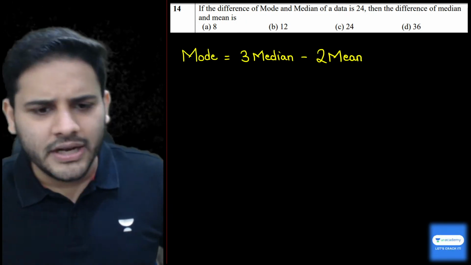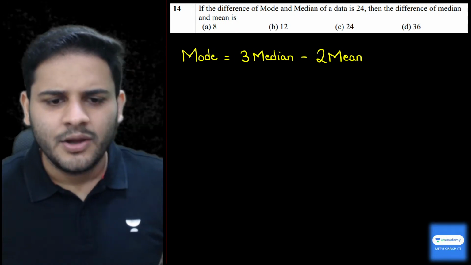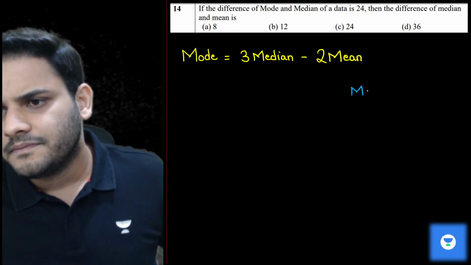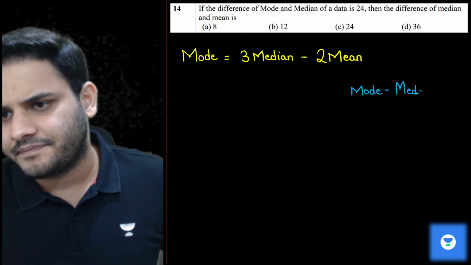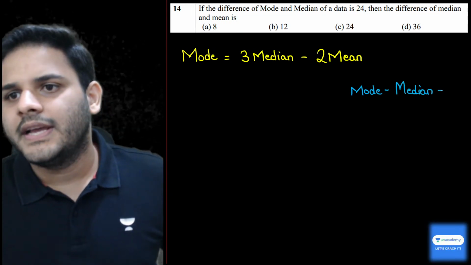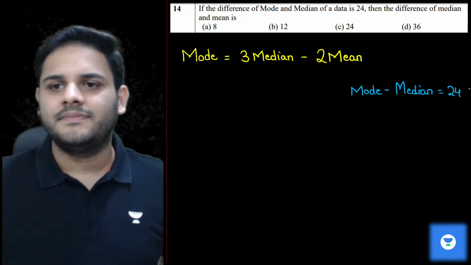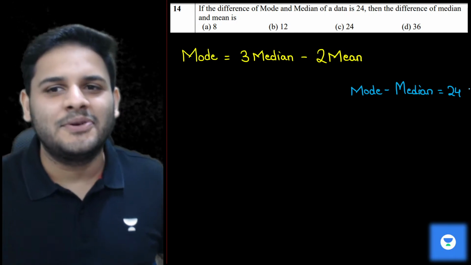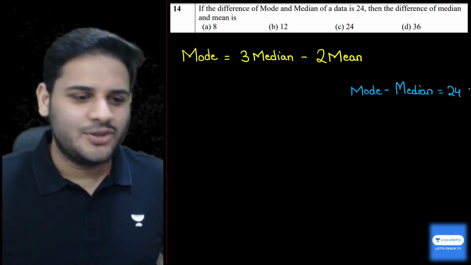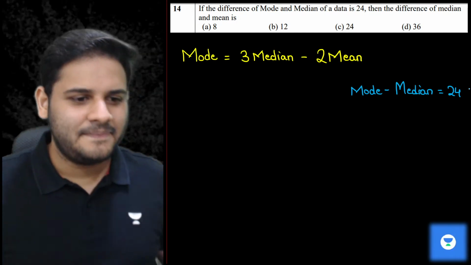But guys, you already have something in the question, right? What is that something? Mode minus median is equal to 24. So क्या कर सकते हैं अब यहाँ पे?